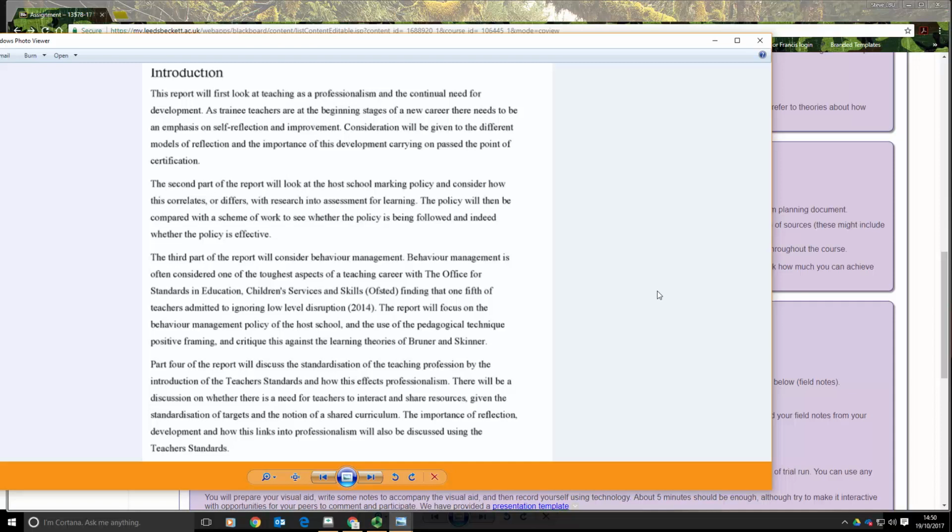They might repeat what the learning outcomes or what the assignment is asking them to do, but they then don't make it specific. So they might say, I'm going to look at policies. You can see here that this student has particularly said it's not just a policy, it's a school marking policy, and how it correlates with research into, again, a specific aspect, which is, in her case, assessment for learning.